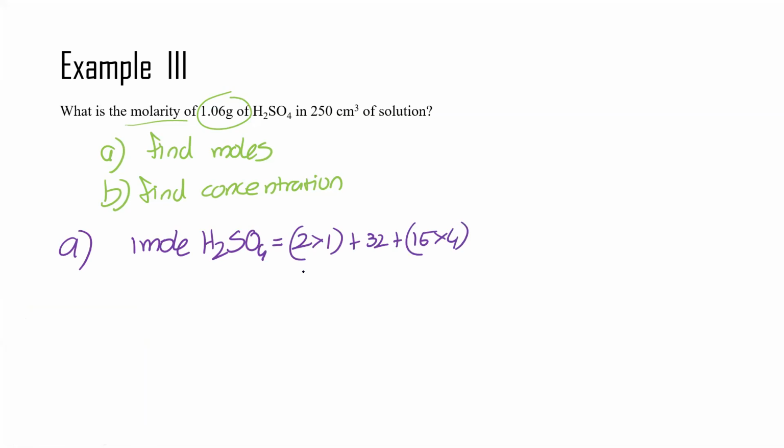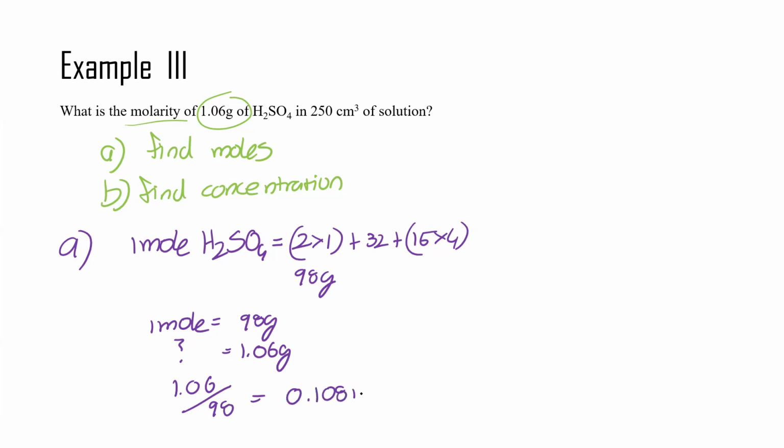And this is equal to 98 grams. So 1 mole is equal to 98 grams. How many moles is equal to 1.06 grams? This would be 1.06 divided by 98, which is equal to 0.108 moles. Do not round up to 0.1 because that would be too rounded up.